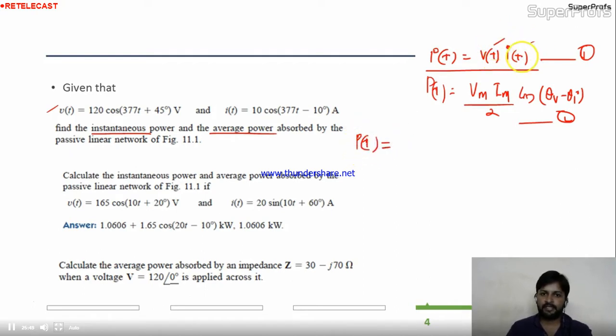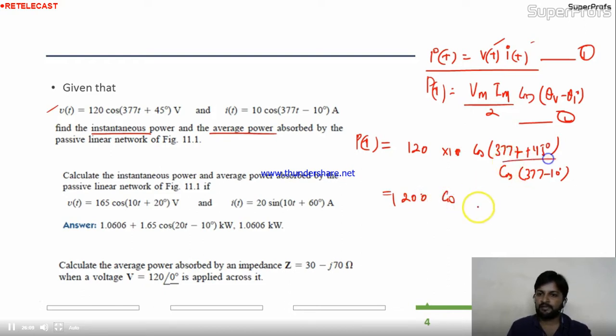You are given v(t) and i(t) over here. You have to multiply simply 120 cos(377t plus 45 degrees) and 10 cos(377t minus 10 degrees). So this becomes 1200. This is like cos A cos B. You can apply the 2 cos A cos B formula.